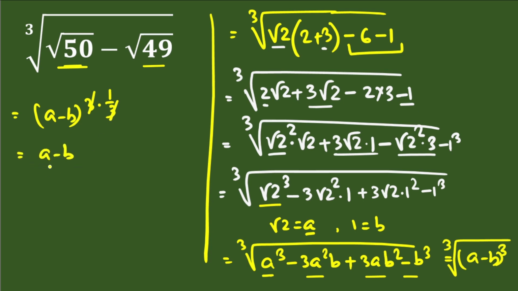The value of a minus b we'll put here, so value of a is square root 2 minus value of b is 1. Now the value of square root 2 is 1.41, minus here it is negative 1. Now if we solve this, the value of this term will be 0.41. So the answer of this problem will be 0.41. This will be the answer of this problem.